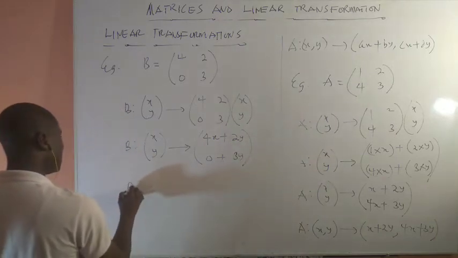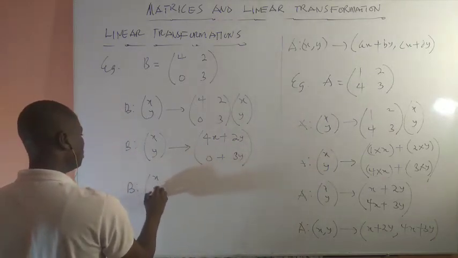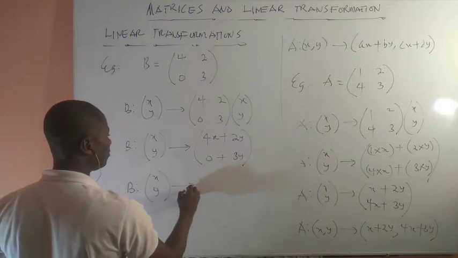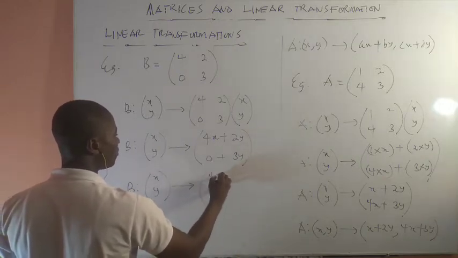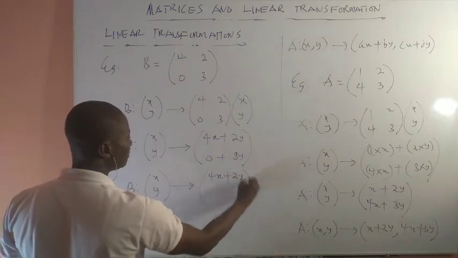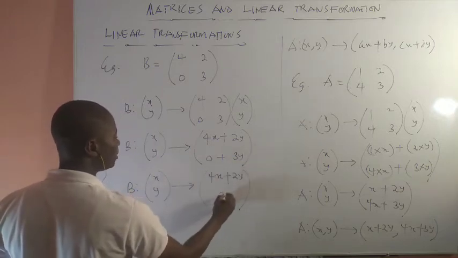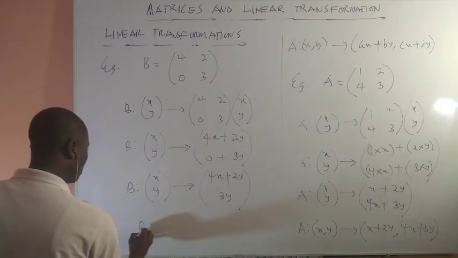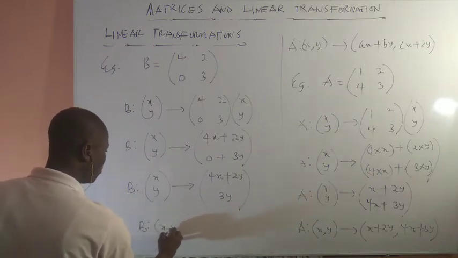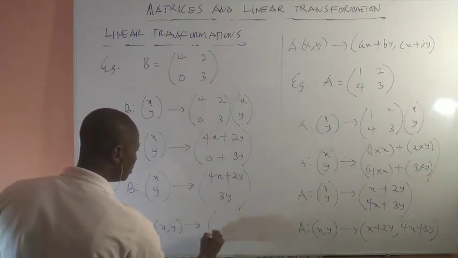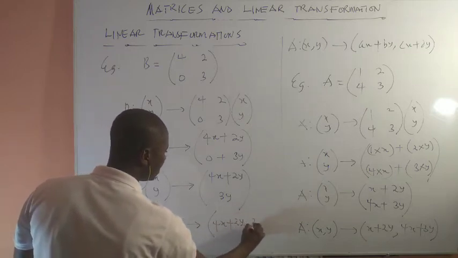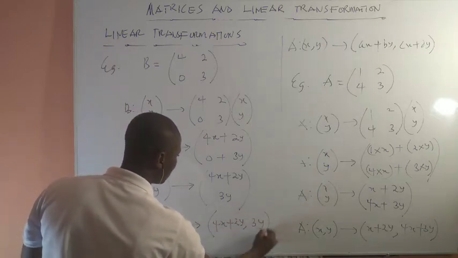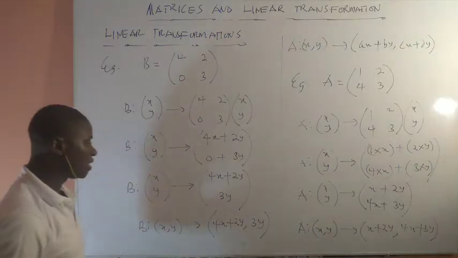Now to simplify this further, we are going to have 4x plus 2y, that is 4x plus 2y. Then 0 plus 3y will be 3y. So our B of x, y will map to 4x plus 2y, then 3y.